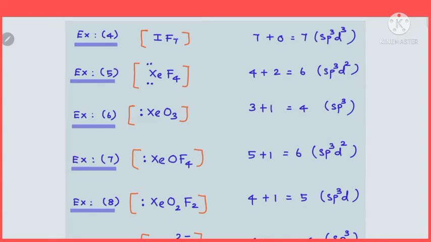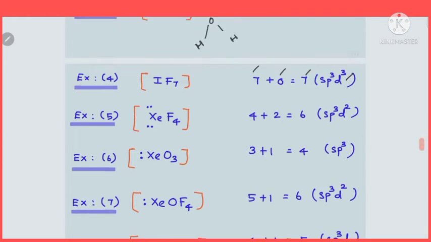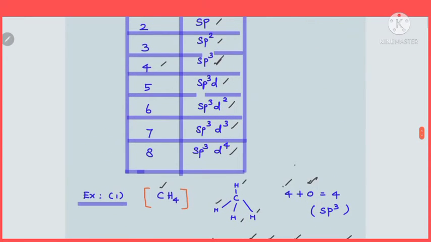If you consider iodine as the central atom, it is surrounded by 7 fluorines, so the number of atoms attached to the central atom is 7. Lone pairs is 0, but the total is 7. If the total is 7, the nature of hybridization is sp3d3. Look at the tabular column.